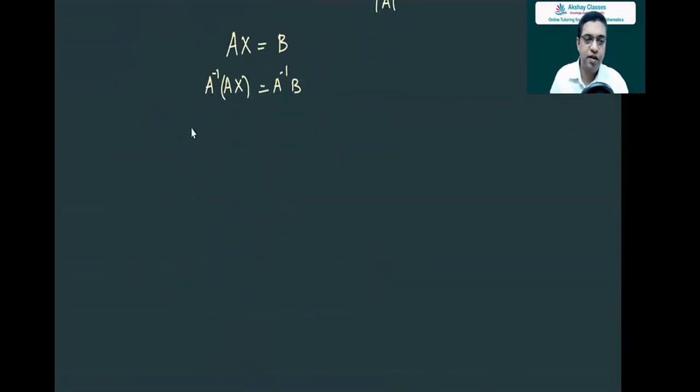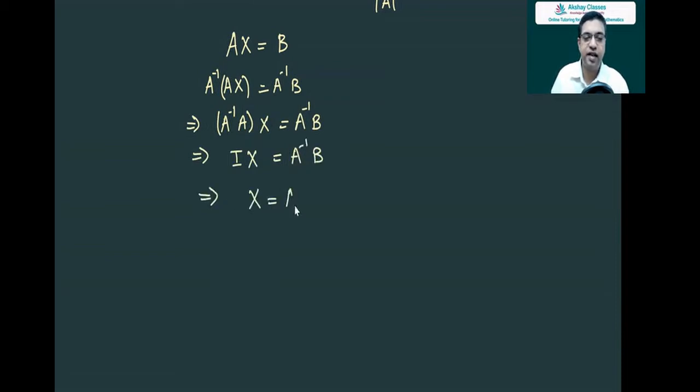So if we do that, A inverse into A times X is equal to A inverse B. This will be I times X is equal to A inverse B. So X is A inverse B straight away. Okay, so we solve the equation like this.